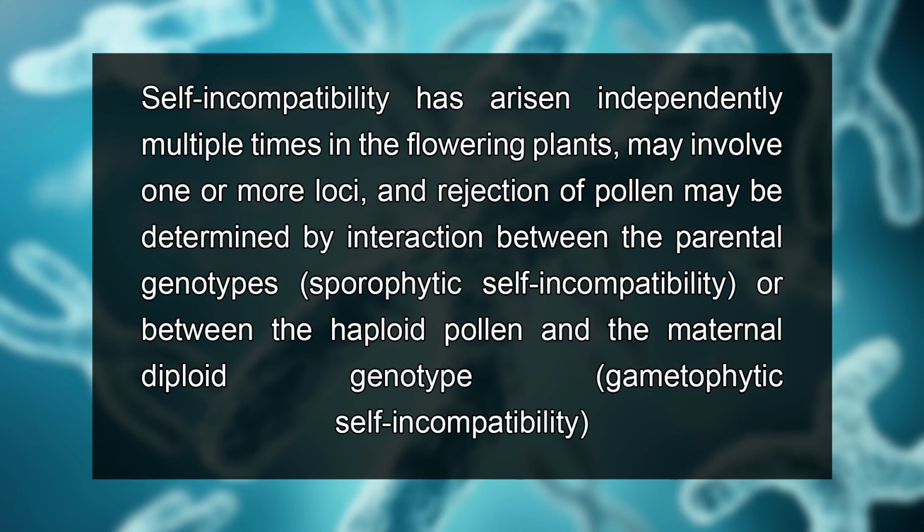Self-incompatibility has arisen independently multiple times in the flowering plants, may involve one or more loci, and rejection of pollen may be determined by interaction between the parental genotypes, that is sporophytic self-incompatibility, or between the haploid pollen and the maternal diploid genotype, that is gametophytic self-incompatibility.